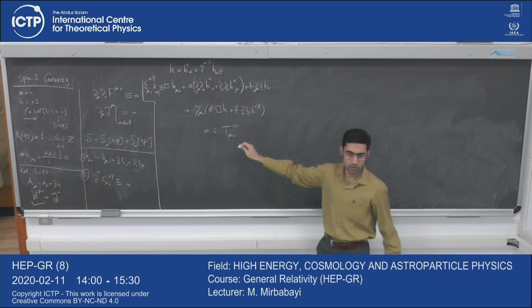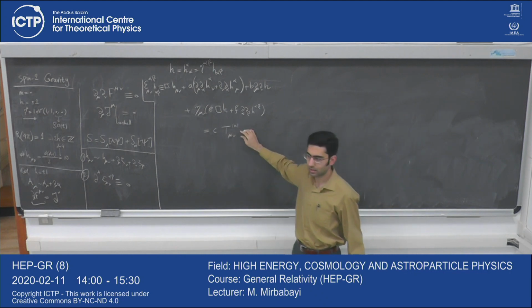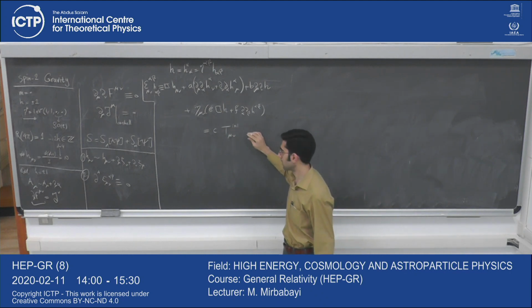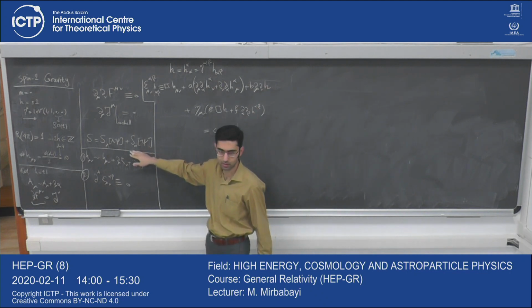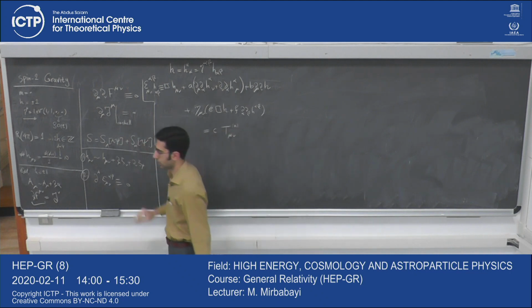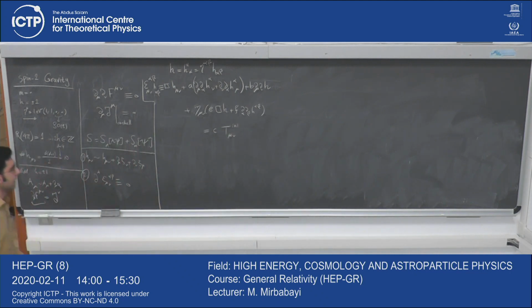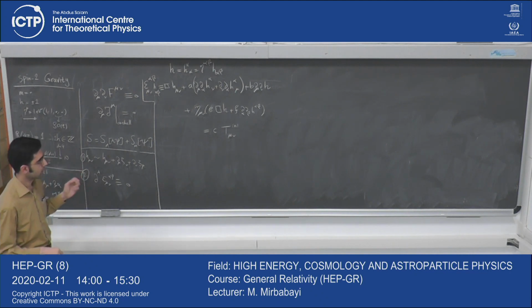But later I might drop this superscript. But this should be understood, since it is a linearized theory, as the part that comes from the matter action, not from the H mu nu part of the action.